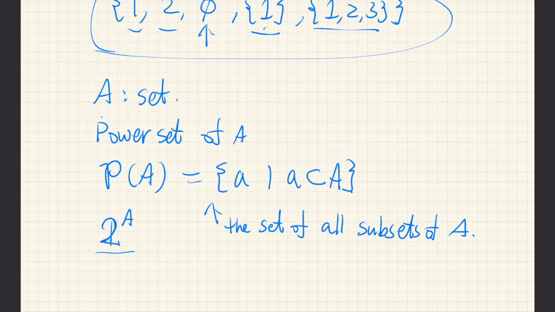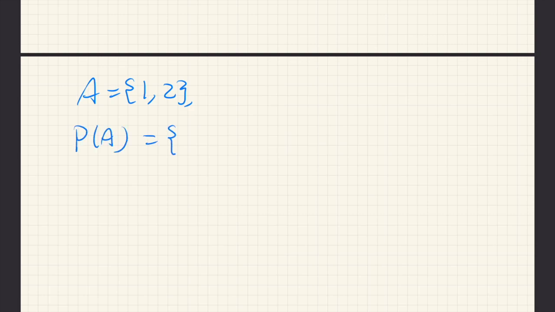Why do we use 2? Why is 2 so special? Anyway, maybe this definition may look a bit too abstract, so let's consider a few examples. Let's consider A consisting of 1 and 2. What is the power set of A? First of all, the empty set is always a subset of any set, so the empty set should be an element of any power set.